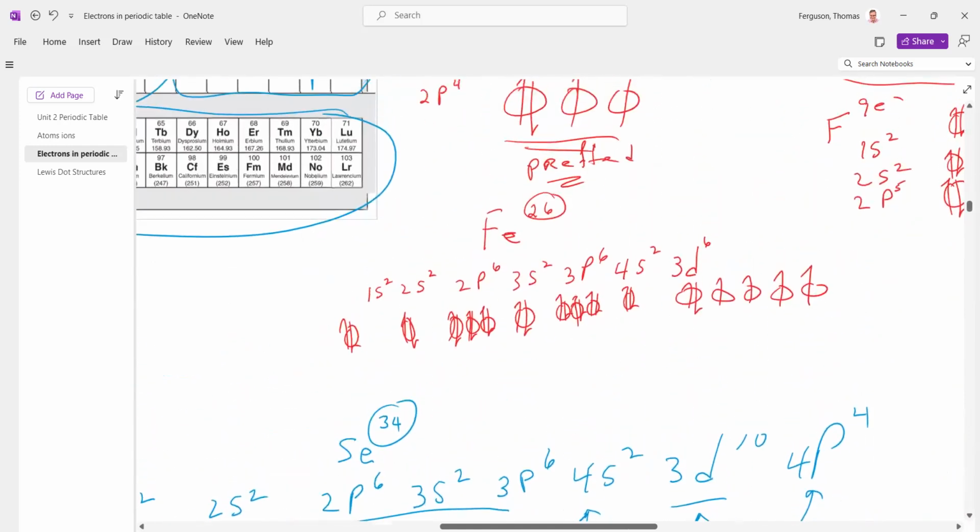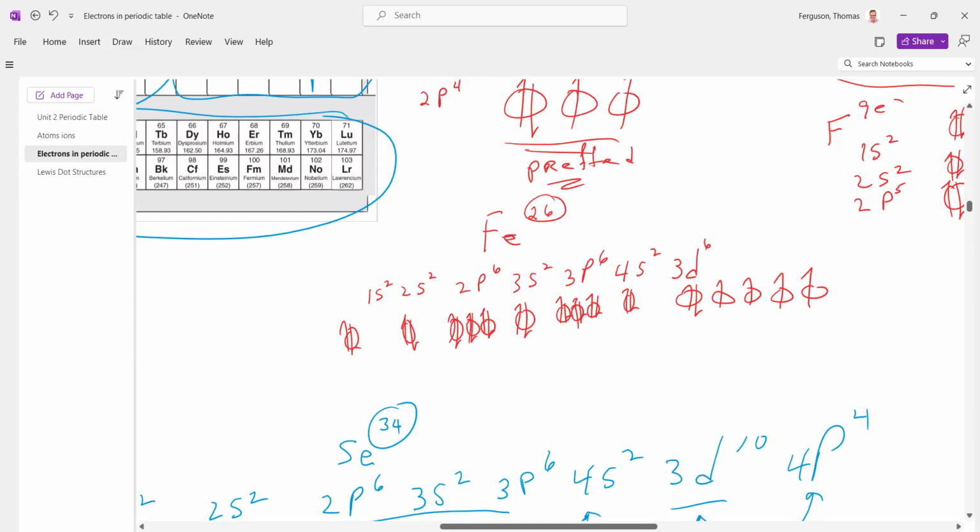All right, let's look at iron again. Sometimes they'll say this is the ground state configuration for iron. Ground state, that's the most stable configuration.